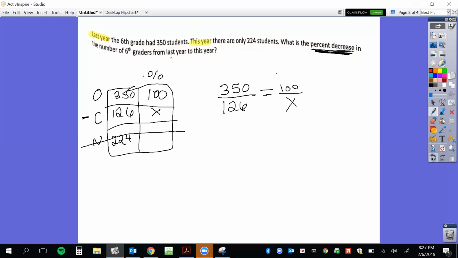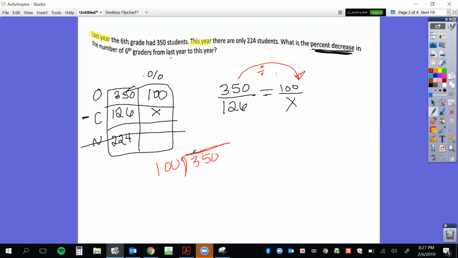So let's look at 350 to 100. First of all, I know I'm getting smaller, therefore I know it has to be division. So I need to figure out what I'm dividing by. If you don't know it off the top of your head, divide it out. 350 divided by 100.